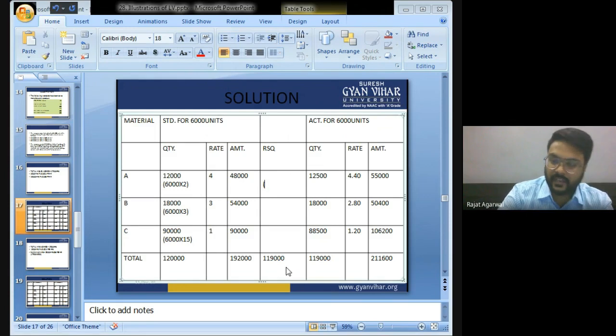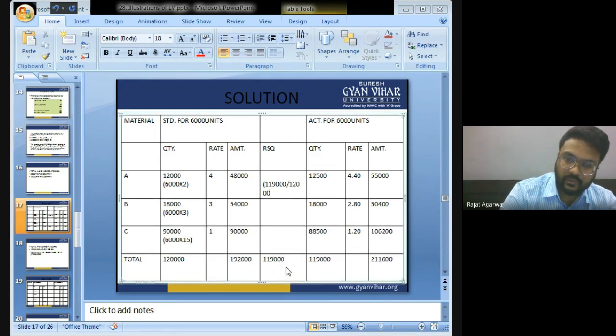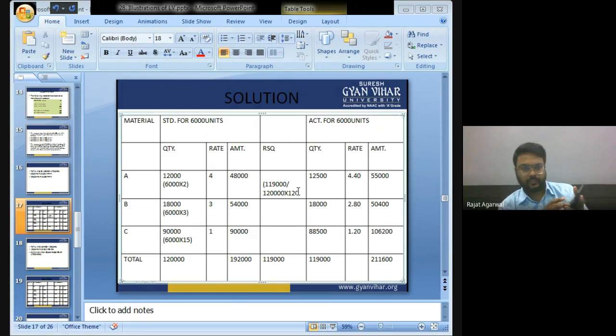Now 1,19,000 divided by 1,20,000 into 12,000. Or we can take it in short also: 12 plus 18 plus 90, 120.